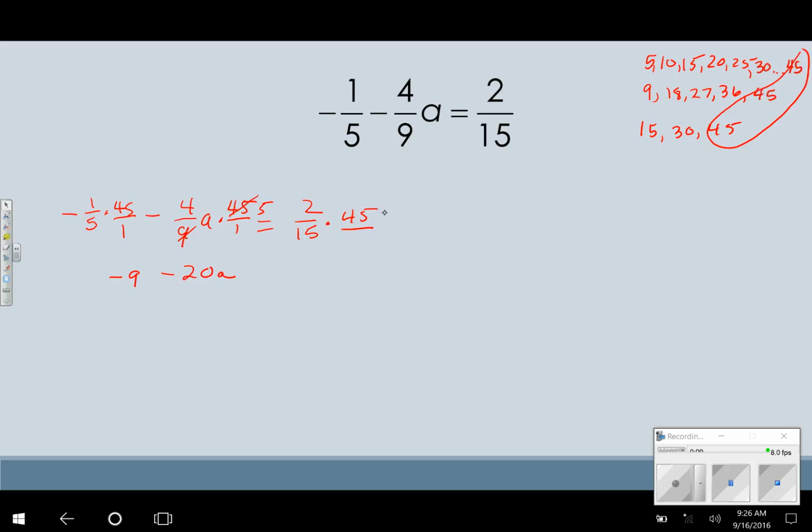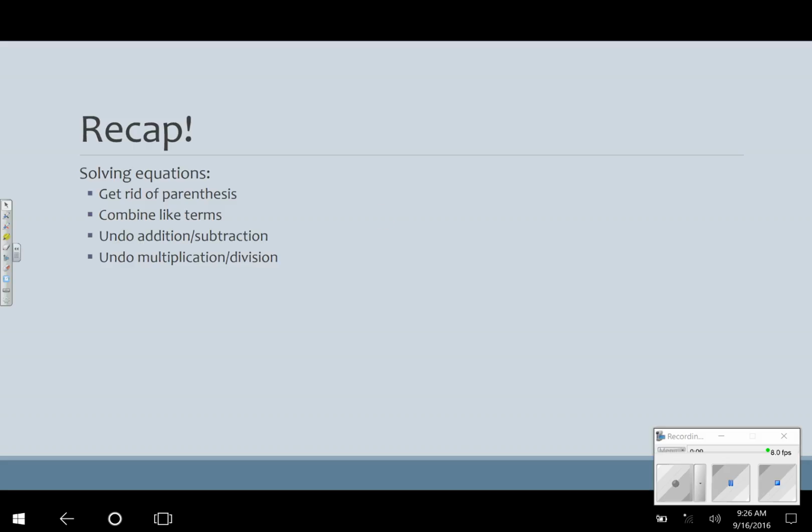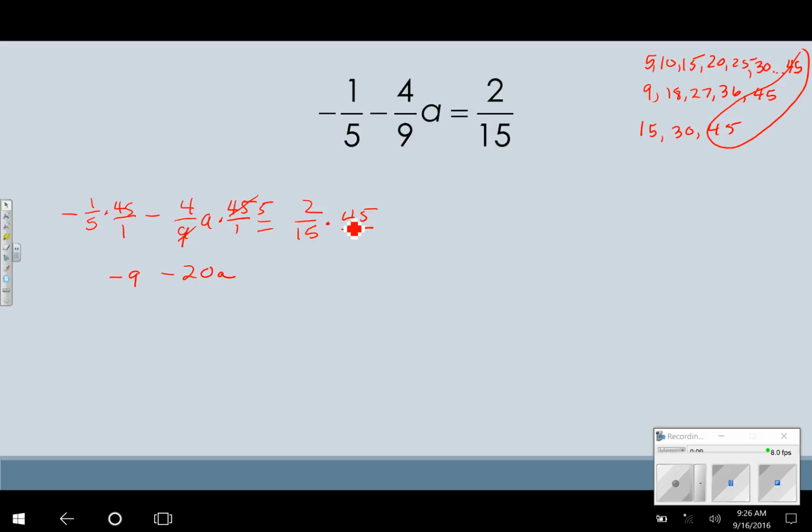And 15 goes into 45 3 times, so that's going to give me 6. And now I can just solve this equation. I'm going to add 9 to both sides, and I'm going to get -20a equals 15.